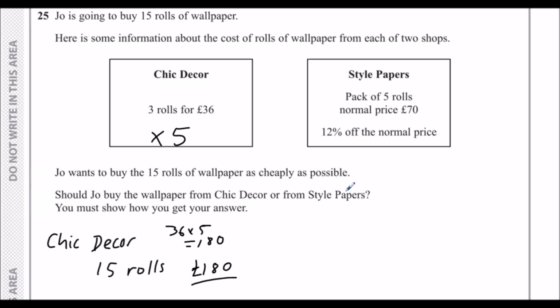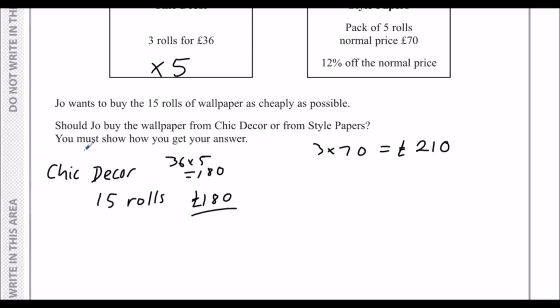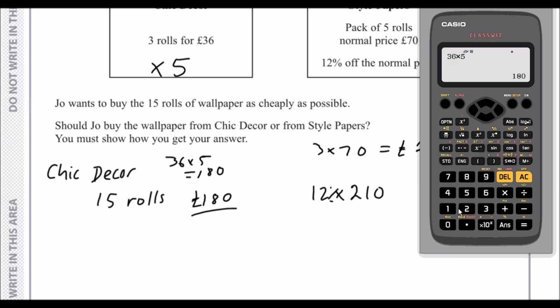So let's go for 3 70s, which is 210. £210, but with a 12% discount. So 12% of 210. So I can do 12% times 210. That will give me the discount, or 0.12 for 12% times 210.